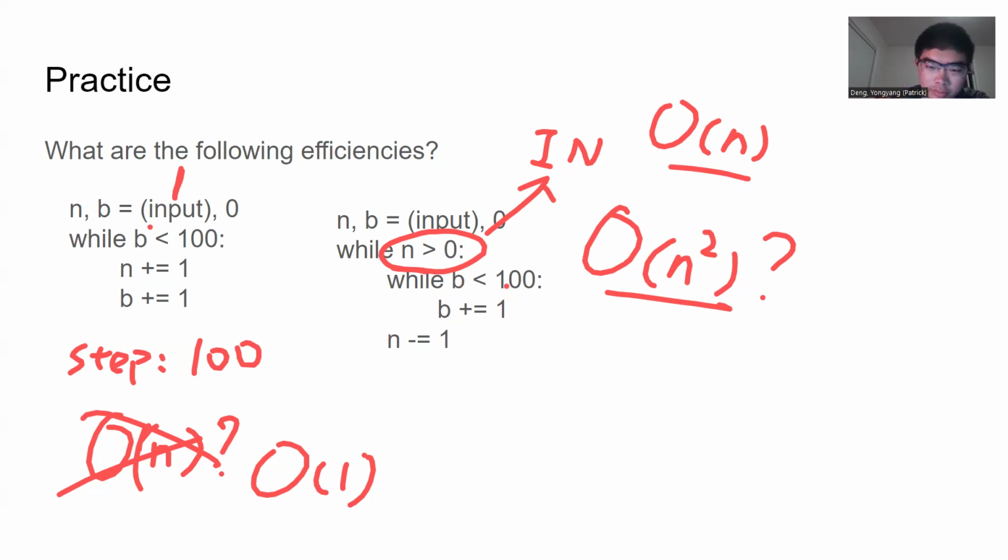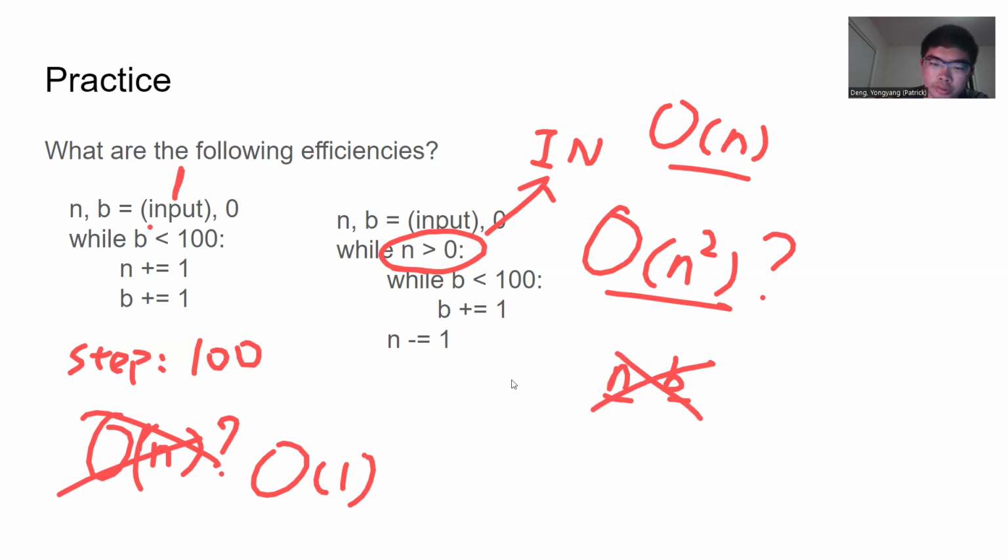Although b is only less than 100 and n is not 100, unless n is inputted as 100, they have neither assignment to each other nor comparison to each other. They have nothing to do with each other, so they are not related.